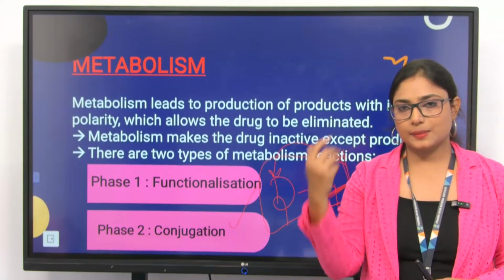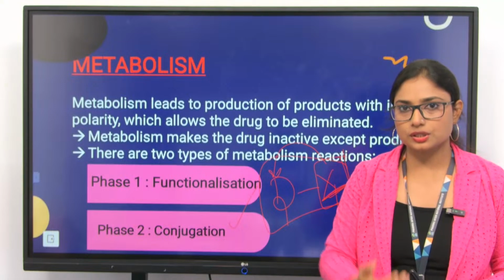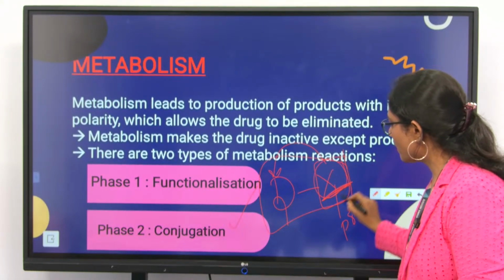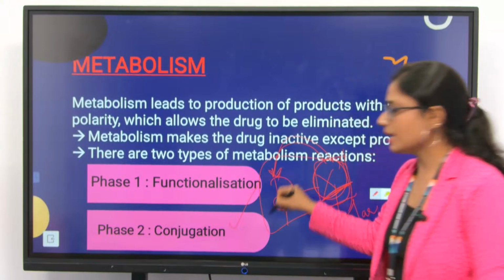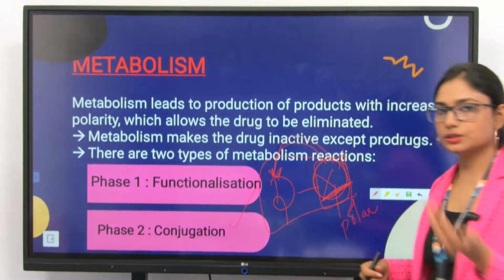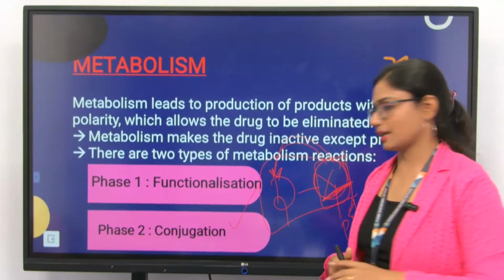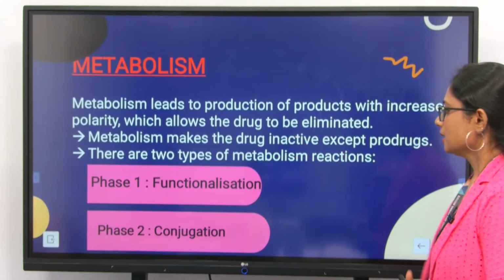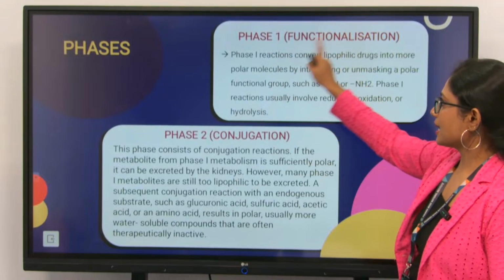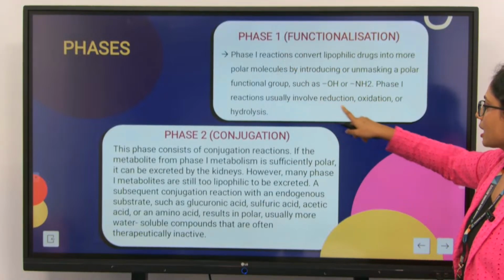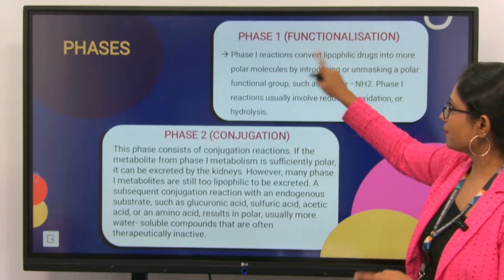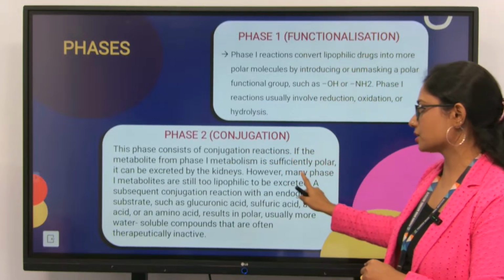It can be sulfation, glucuronidation, or acylation. After conjugation, it will convert to hydrophilic form and get excreted out. So that is functionalization and conjugation reaction. Phase 1 functionalization reaction: reduction, oxidation, and hydrolysis. Phase 2 conjugation reaction.